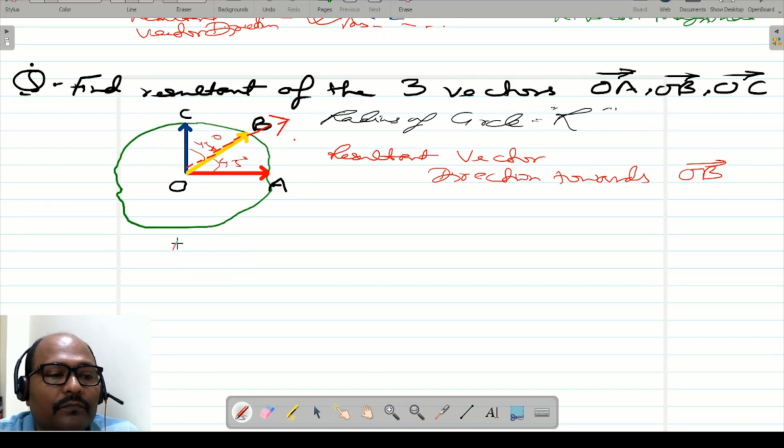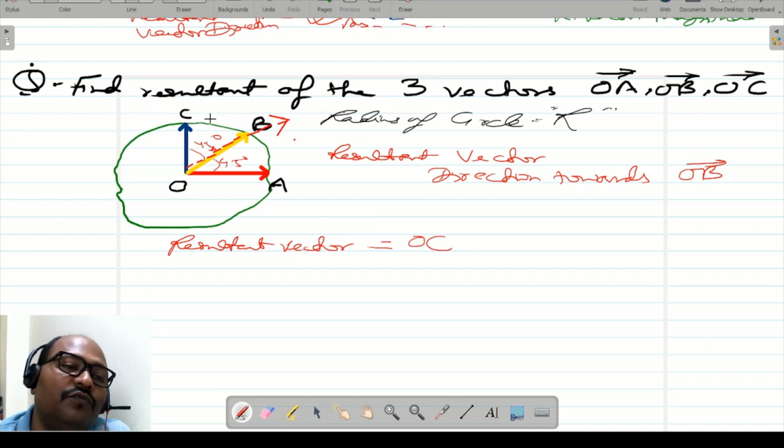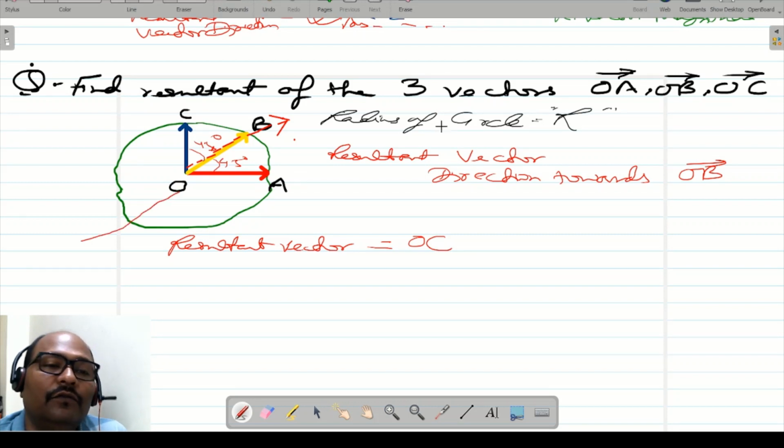So the resultant vector will be OC cos 45. OC cos 45, right, students? OC cos 45 will be in this direction. Take it as a line so that we'll be able to understand. Here in this line, let me write what we will get.